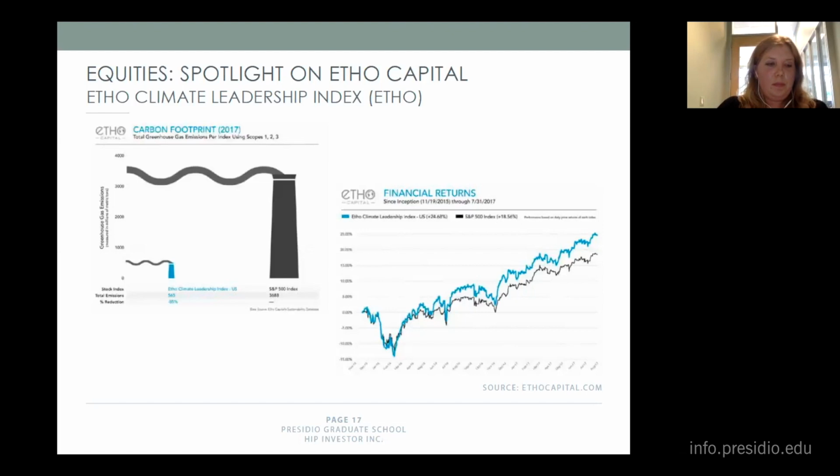When compared to the S&P 500 index, if you look on the left-hand side, the ETHO Climate Leadership ETF has 85% less greenhouse gas emissions, with only 565 million metric tons, which is from scope 1, 2, and 3, which measures companies' direct, indirect, and supply chain output. This also shows their financial returns over time.